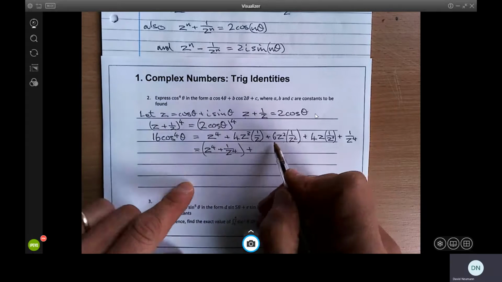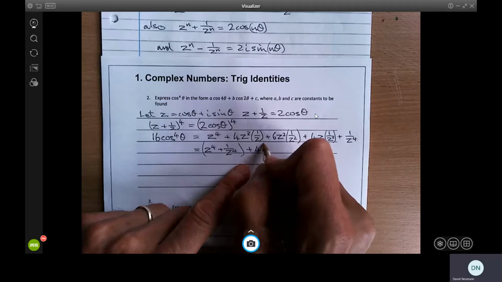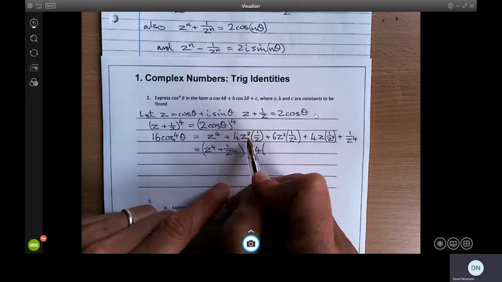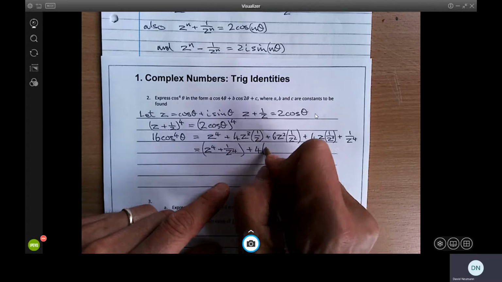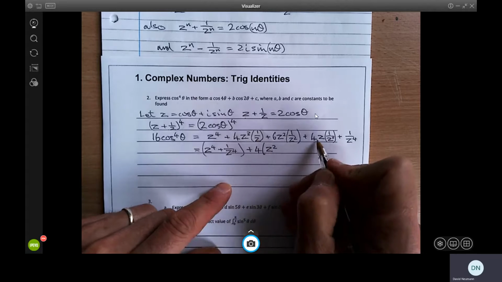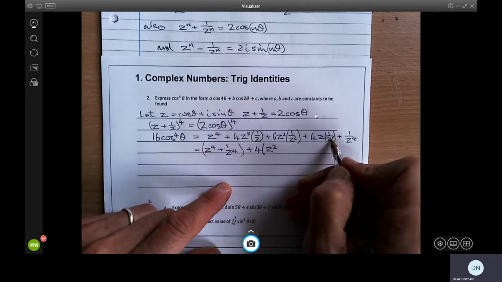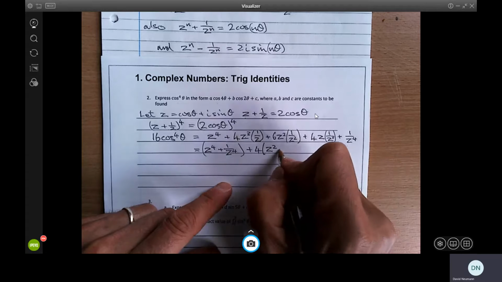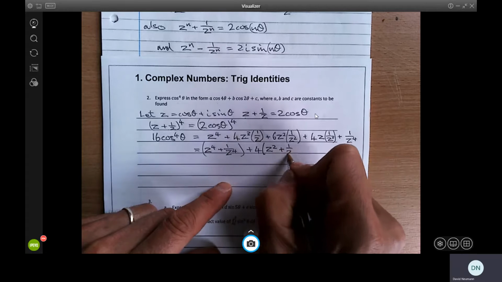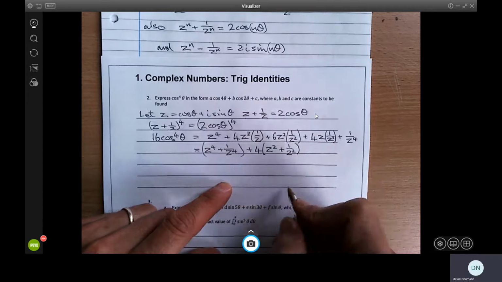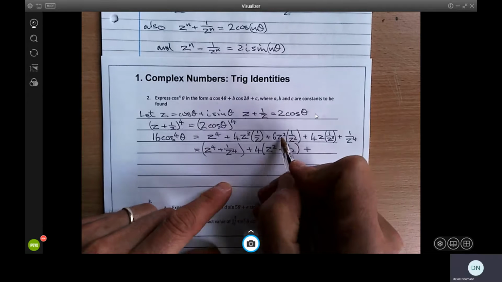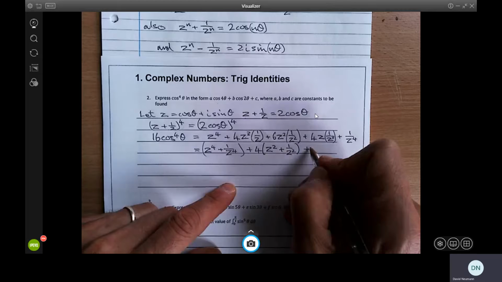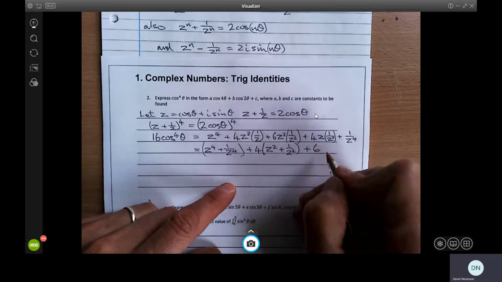And then we've got 4 times, well, z cubed over z is z squared, so this is z squared. Here we've got z over z cubed, so that's 1 over z squared, plus, and here we've got z squared over z squared, so this is just 6.